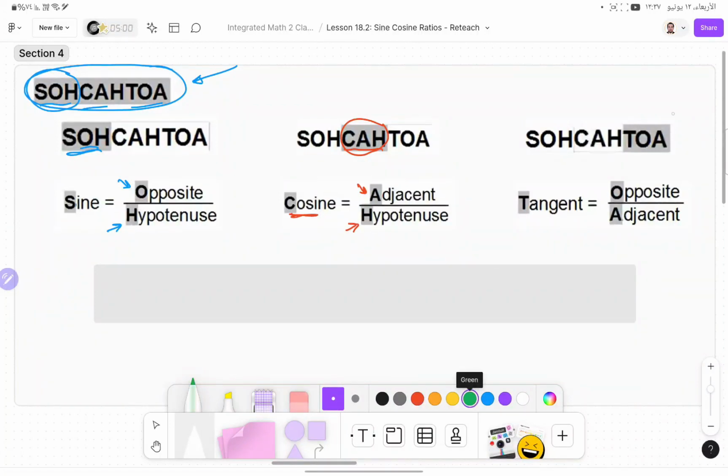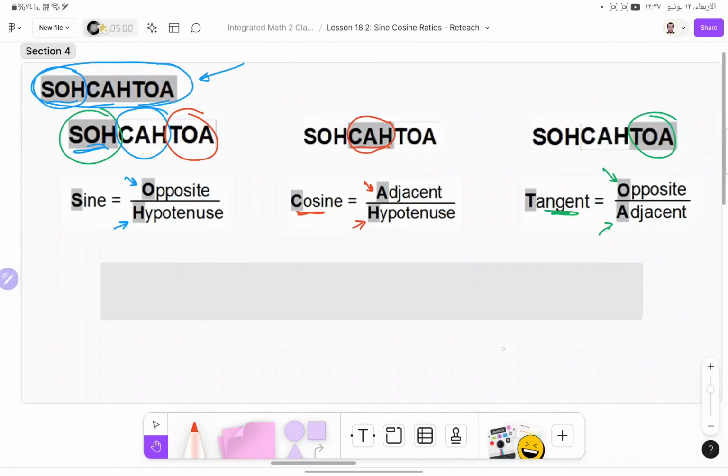The last one is TOA. TOA is the tangent: opposite over adjacent. As you can see, every three letters represent a ratio.